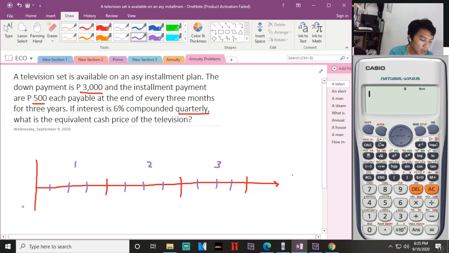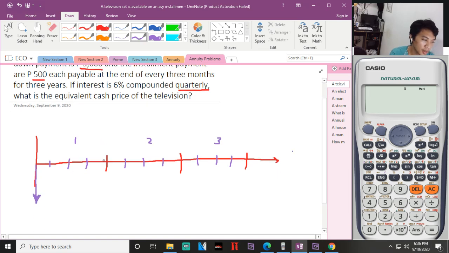So, meron tayong down payment. Ibig sabihin, pag nag-down payment ka, syempre down, pababa. Nag-down payment ka ng 3,000 pesos. Now, you will amortize mga ganitong amounts: A, A, A, and so on.